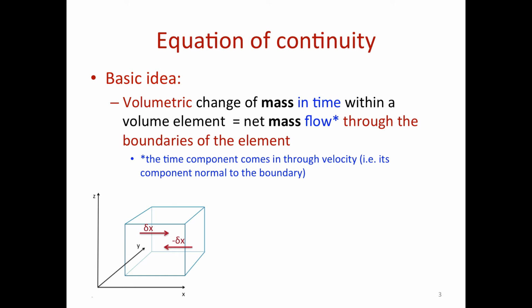When I look at this net mass flow, I have to remind myself that what comes into the volume is the stuff that is orthogonal to the boundary, so basically parallel to the local normal to the boundary. In this particular simple element, I can look at all of the sides. Each side of the cube has a different normal.